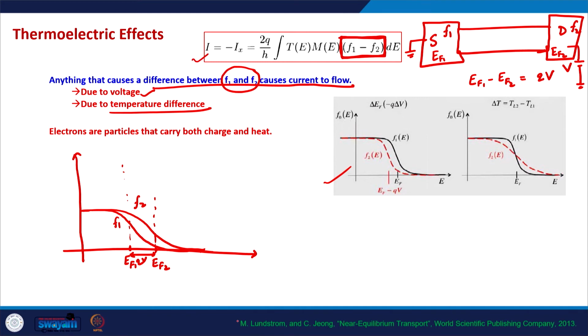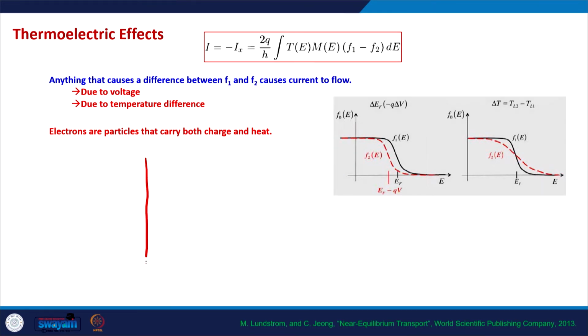Similarly, let us say on the left side the temperature is TL1, where TL means lattice temperature, and on the right side we have TL2. The way the Fermi functions will be modified is, the Fermi level will not change in this case. So the Fermi level will be the same.